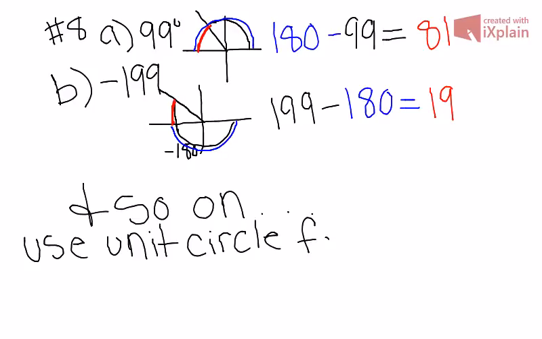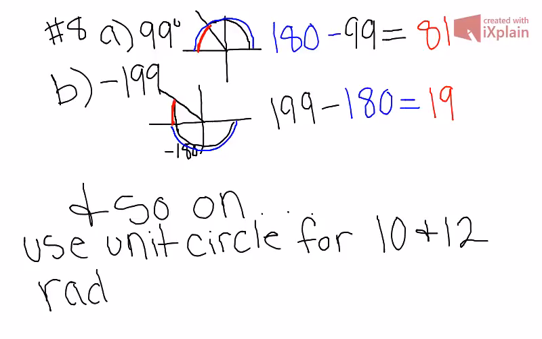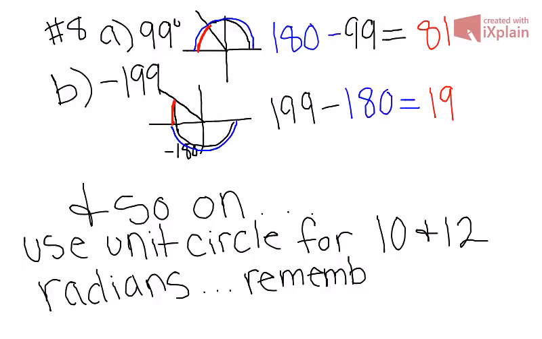Like for the unit circle, we're going to need to use that for number 10 and 12, just because those are in radians, right? So we'll have to use the unit circle to see where that angle is, and then from there we can find the reference angle. But again, pretty straightforward on those. Oh, and also just remember that for radians, pi is halfway around, and then full way around is 2 pi, right?